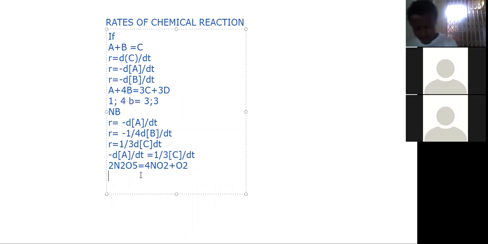I want to write an expression for the rate of the reaction. One reactant, one of the products. So you first have to write an expression for the rate of the reactant. The rate of the reactant is this one, that is N2O5. Writing the rate of the reactant, this will be half, but it will be negative because it's a reactant.